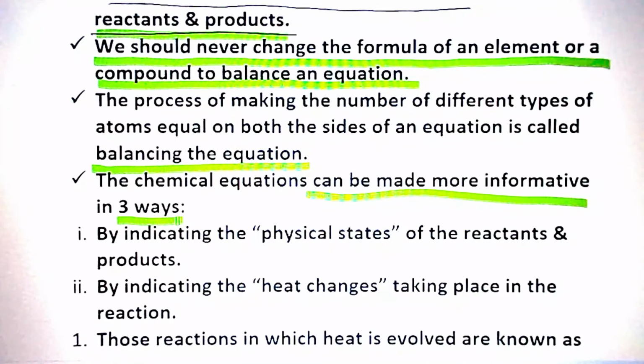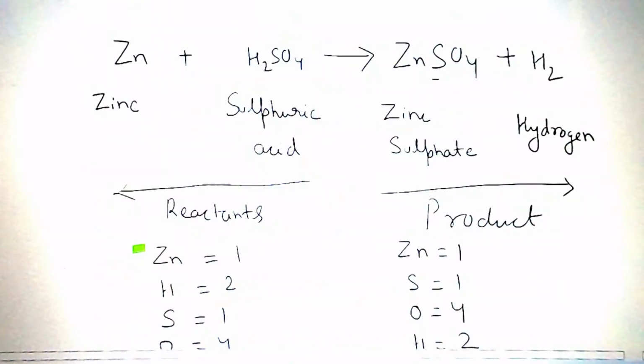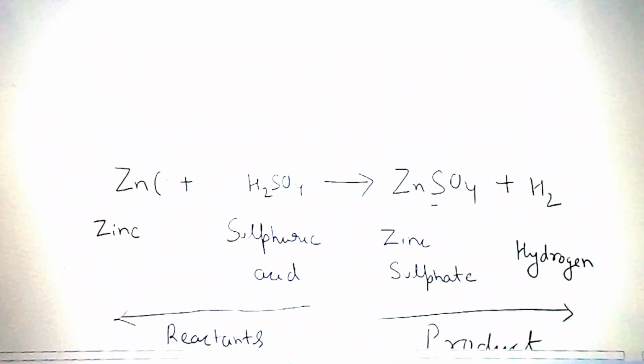Next point is, the chemical equation can be made more informative in 3 ways. First point is, chemical equation indicates the physical states of the reactants and products. It tells what the physical state is, either solid, liquid or gas. In this example, Zn is solid and H2SO4 is aqueous.